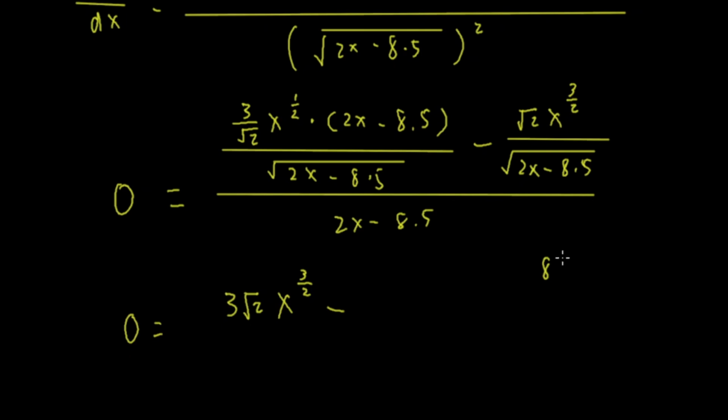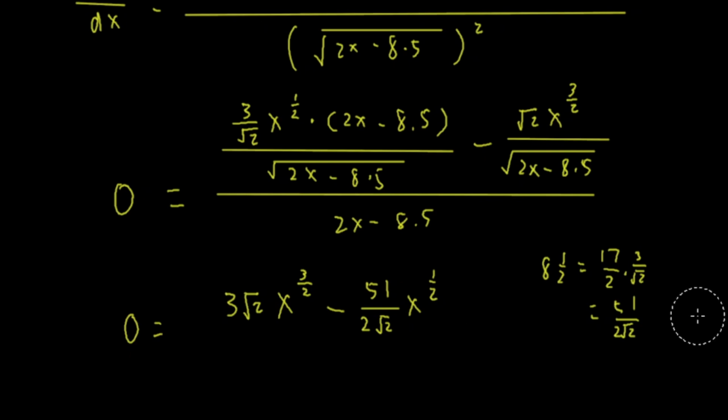8.5 is 8 and 1/2, right? And that is 17 over 2. So if I multiply this by 3 over square root of 2, right? Let's do this. And that would give me 51 over 2 times square root of 2, right? So minus 51 over 2 times square root of 2, x to the power of 1 over 2.